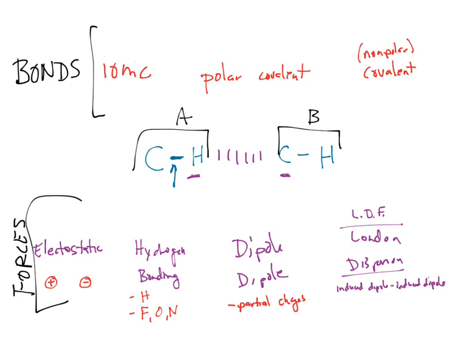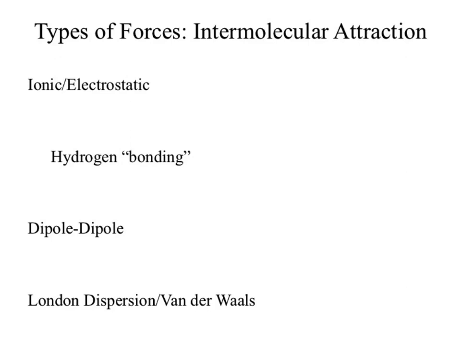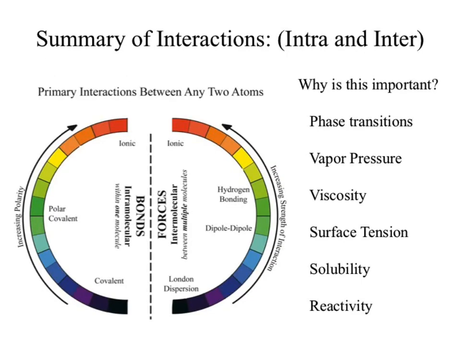Right? So once we have a way to classify and organize these, it's then a question of how we interpret them. And this is where we run into why this is important: your phase transitions. Relevant to this semester, you're looking at transition between a solid to a liquid or a liquid to a gas.